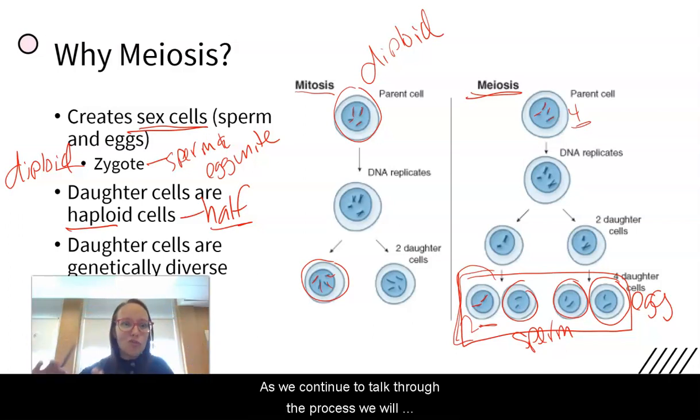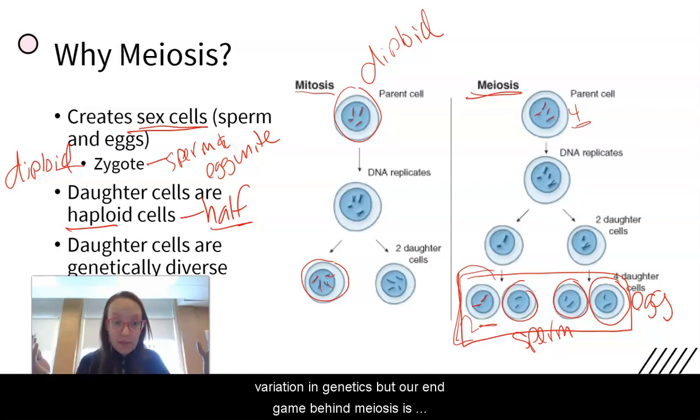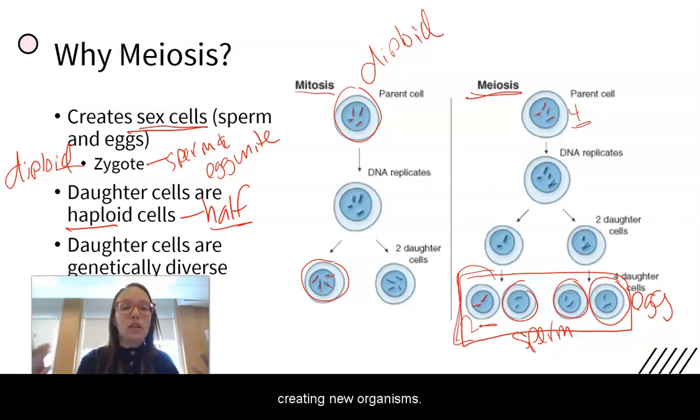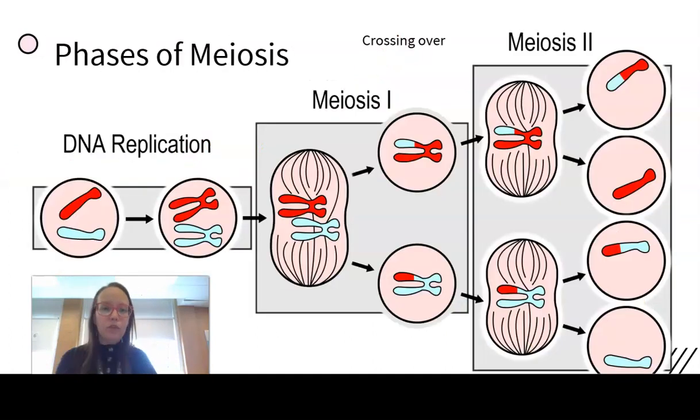And as we continue to talk through this process, we'll see a couple of other ways where we'll get some variation in genetics. But our end game, the why behind meiosis, is creating new organisms using these haploid sex cells that have genetic diversity. So what does this look like?